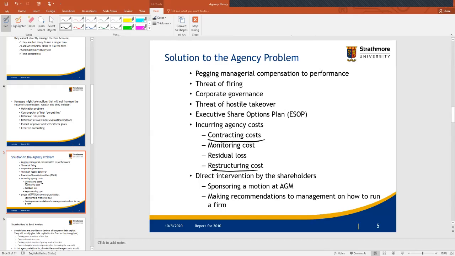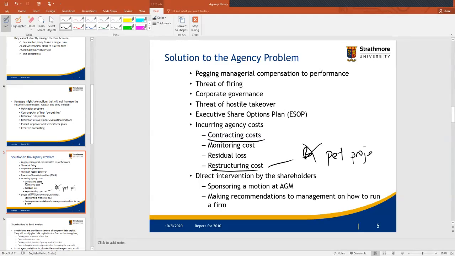Then, of course, we have cost of restructuring. Maybe the previous managers acquired another company, but that company was not a good company. So what do you do? You have to dispose of it, sometimes even at a loss. If the previous acquisition made by the managers did not make any economic sense, they were what we call pet projects.